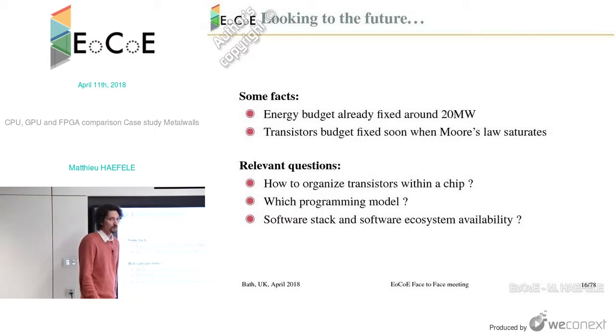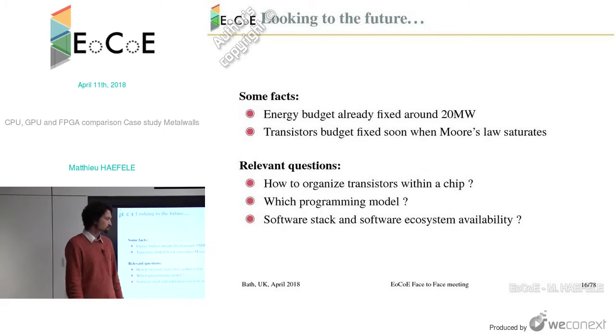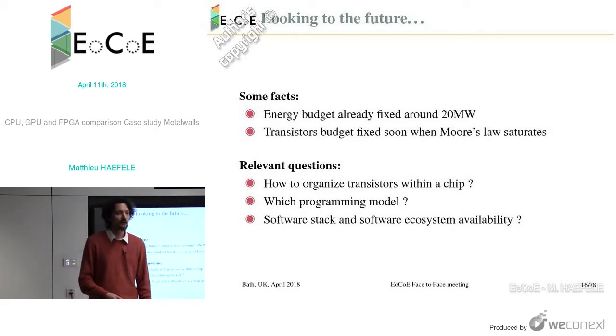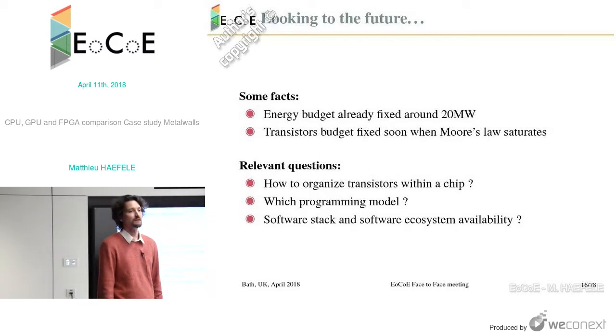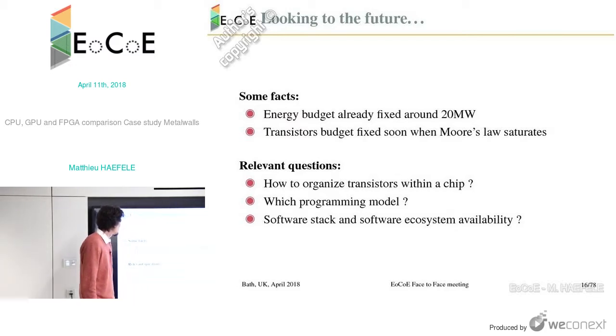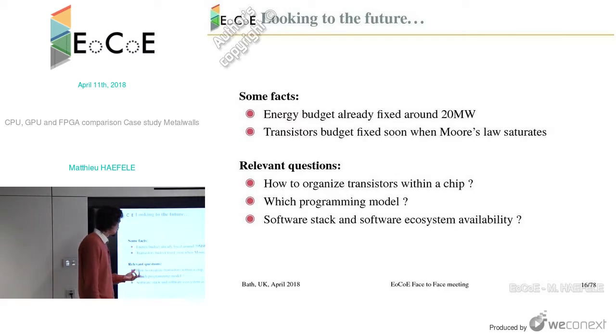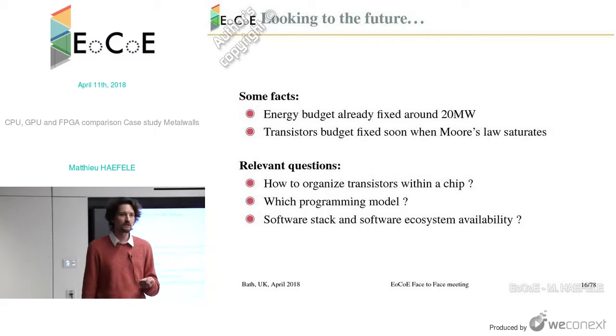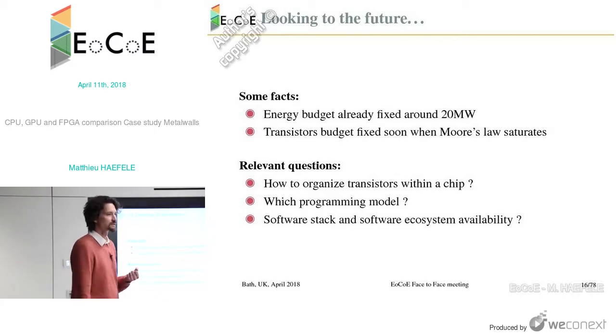The number of transistors per chip will still be increasing, but will soon also be fixed, as Moore's law will likely saturate in the coming years. So before we have quantum computing, I think silicon will still stay there for a while.